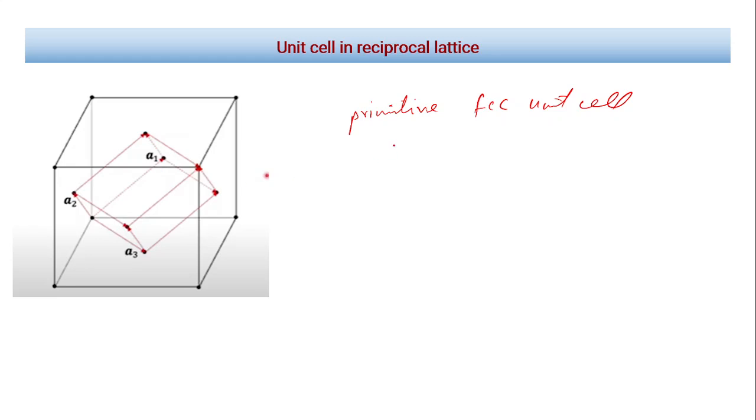Okay, so this is making the primitive FCC unit cell. And now if we define again, taking this as origin, to reach A1, A2, A3, we see that we need to move half of the edge, that is A by 2, and then half up.